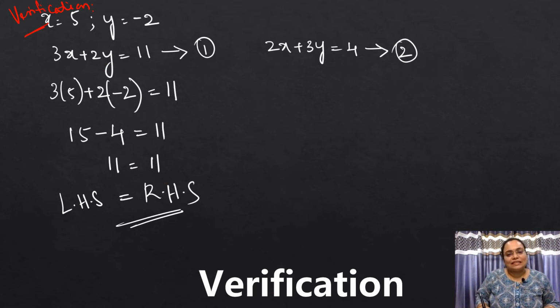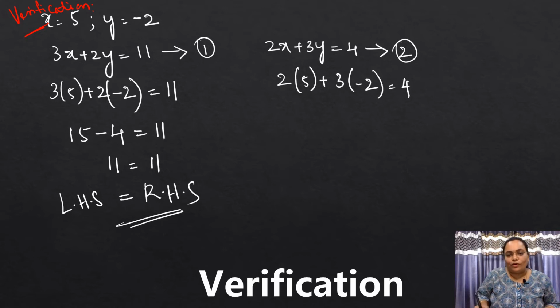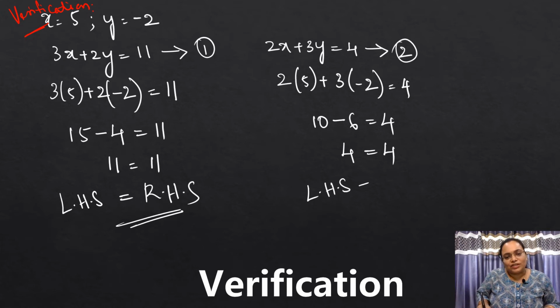Now let us see the second equation. 2 of 5 plus 3 of minus 2 equals 4. 2 fives are 10, minus 6 equals 4. 10 minus 6 is 4, equals 4. Here also LHS equals RHS.